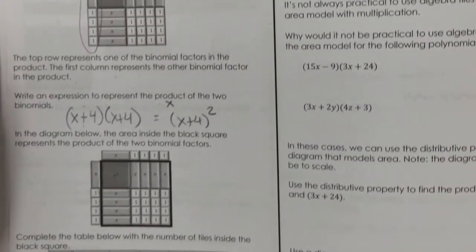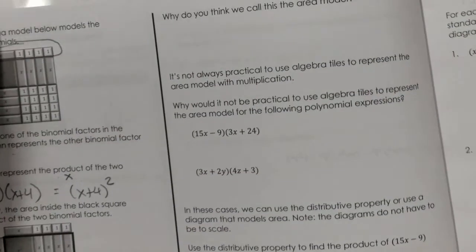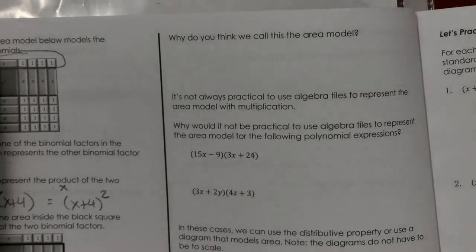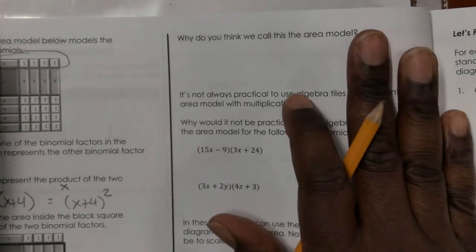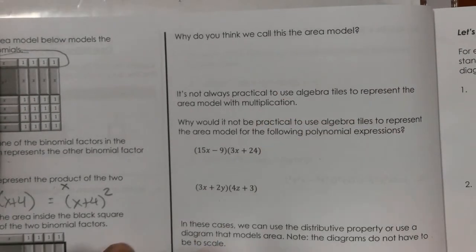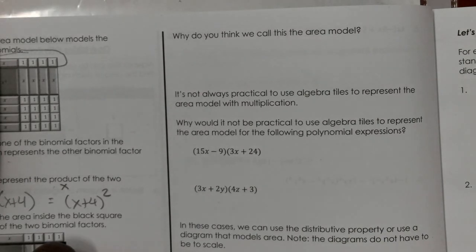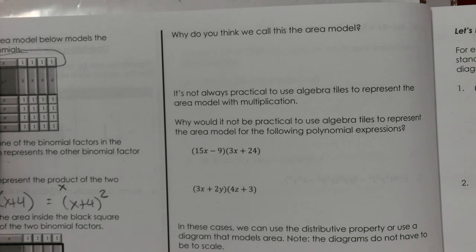Next question over here says, why do you think we call this the area model? Well, we call it the area model because we're using the actual formula for the area of a rectangle.